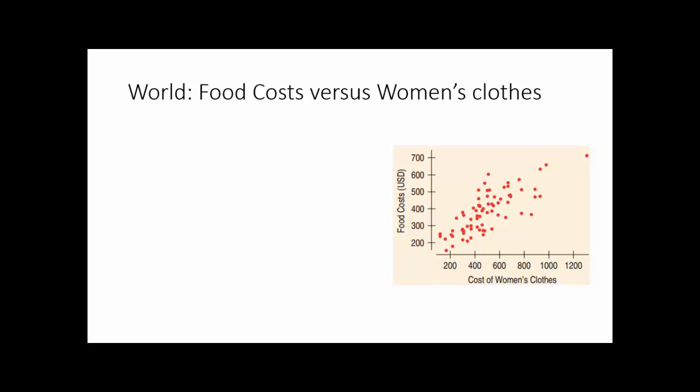And I've created a plot here of those two variables, and what we want to talk about is, what does this plot look like? Well, remember, we need to talk about direction, which in this case, as I move up from left to right, is positive, right? What about the form? Remember, form is linear or nonlinear.